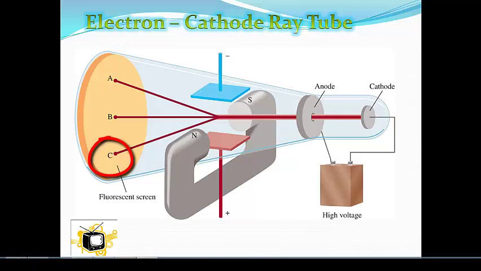With no electric field on, the dots would hit point B. I didn't mention that before, but they would hit point B. Now, when you turn a positive electric field on, they noticed that the dots started hitting point C. So what do you conclude from that? If you turn on a positive electric field and the actual invisible ray or the dots get closer to the positive field, that means what?